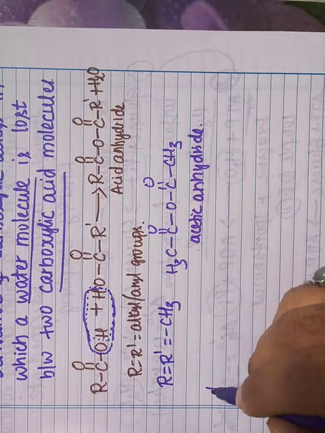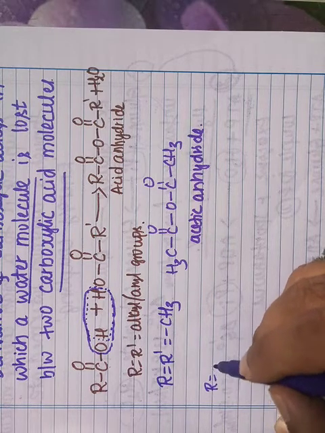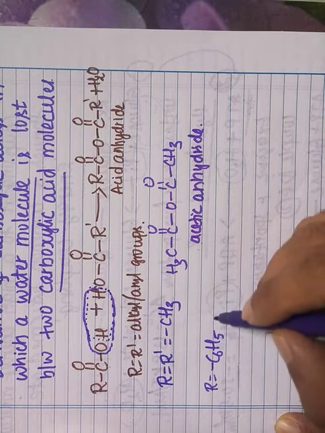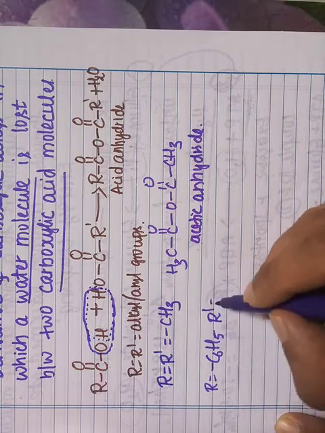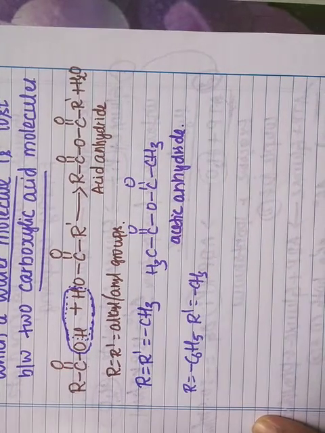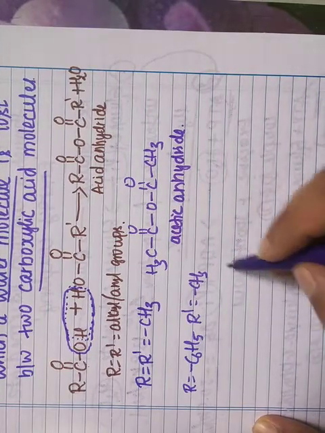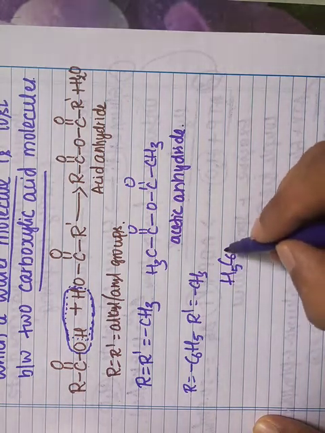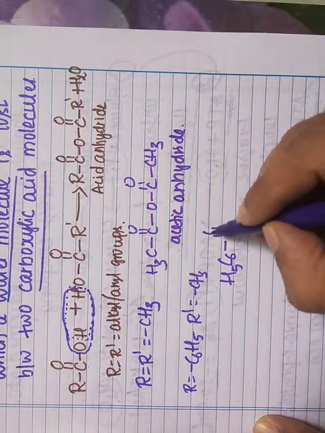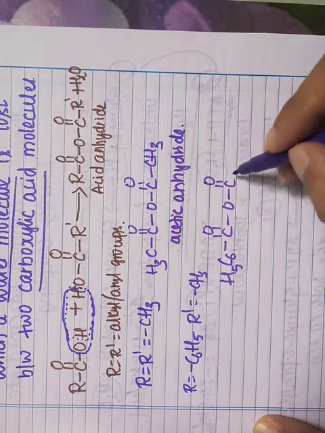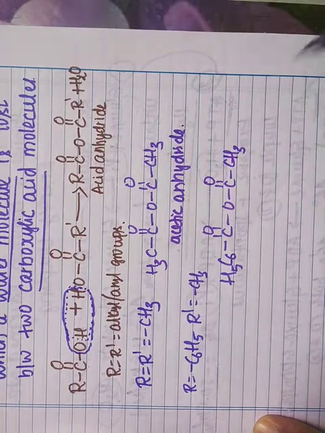So let us take one more example. If R is a phenyl group and R dash is a methyl group, then C6H5 CO O CO CH3.